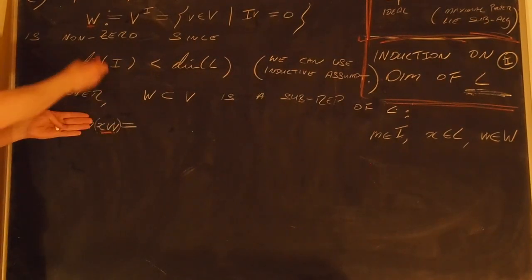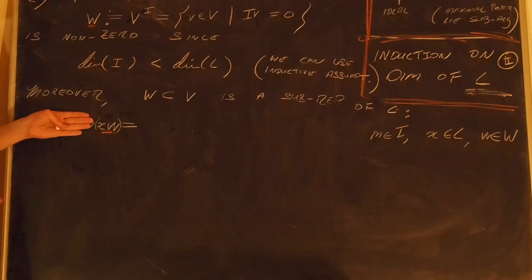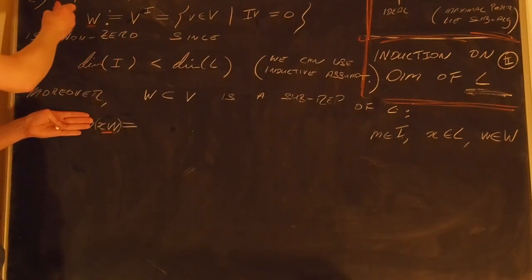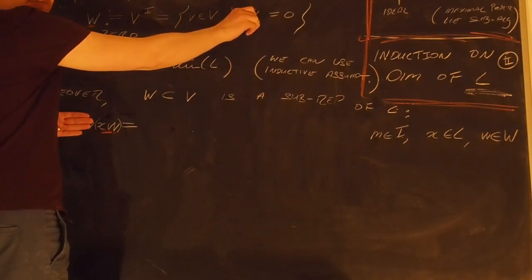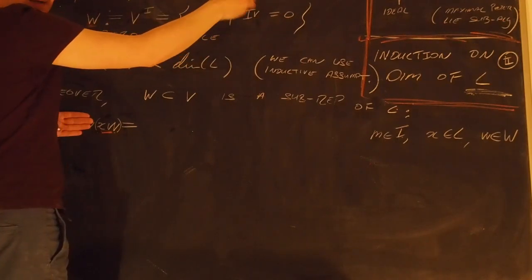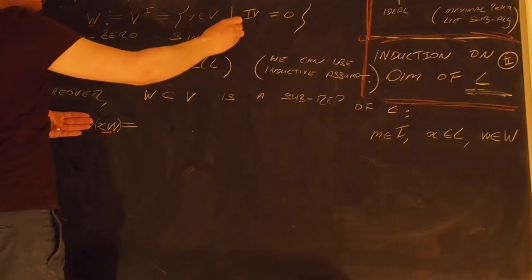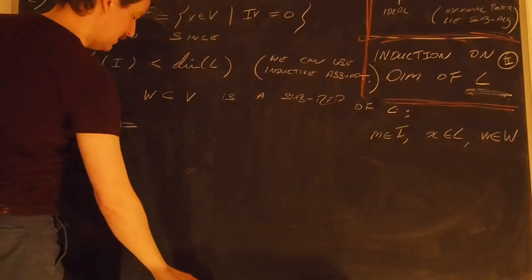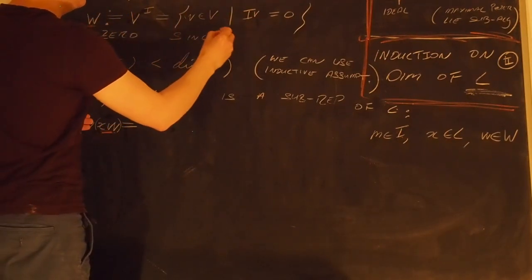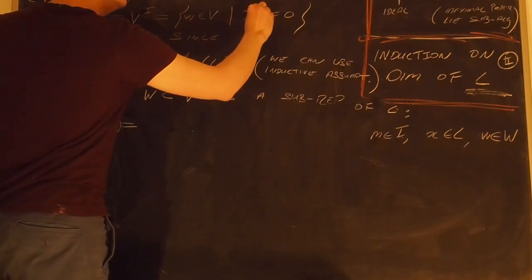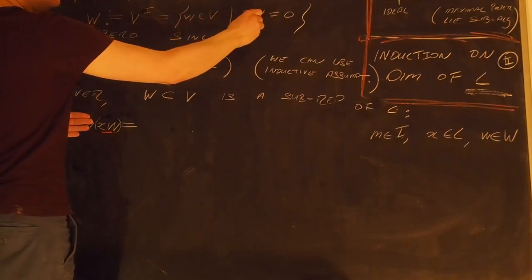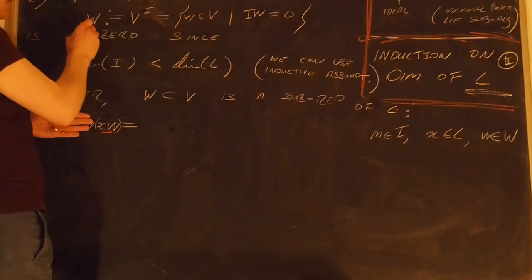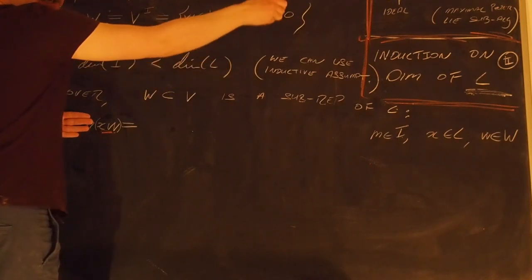How do we know if something lives inside here? Well, there's a condition for it, given in the definition. So we have to check the condition in the definition. What's the condition? If you take any element of I and let it act on W, okay, all the elements here are just linear operators in your vector space V. So if you take any W inside the vector space V, something lives inside W if all of the I's kill it.